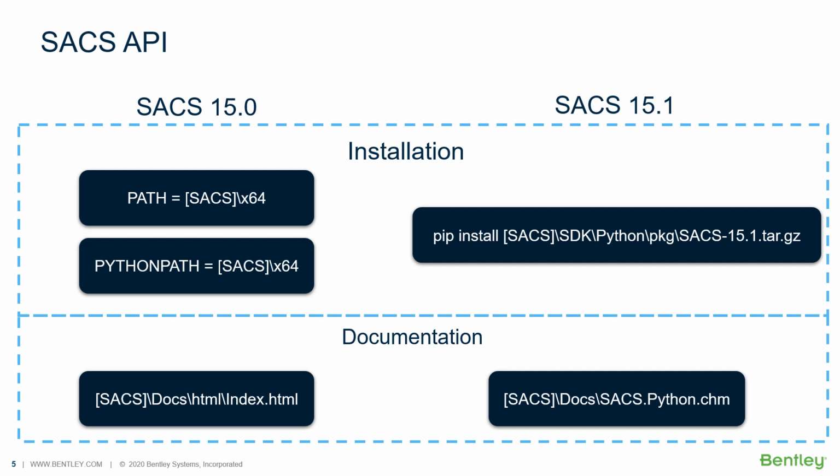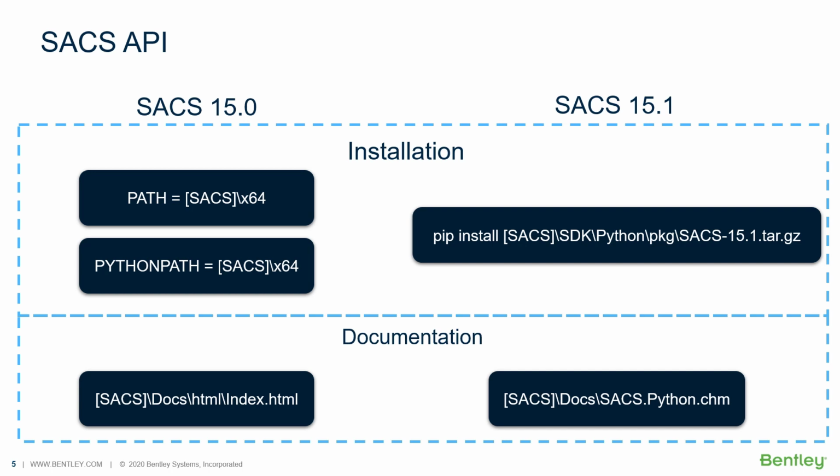SACS 15.1 requires installation using the Python package manager, pip. Simply run the command I've shown here from the command line to compile the SACS API Python library and install it as a Python package. This additional step has been added to give you more control over your Python development environment. With this installation method, you can have multiple versions of the SACS API installed on different Python versions and environments.